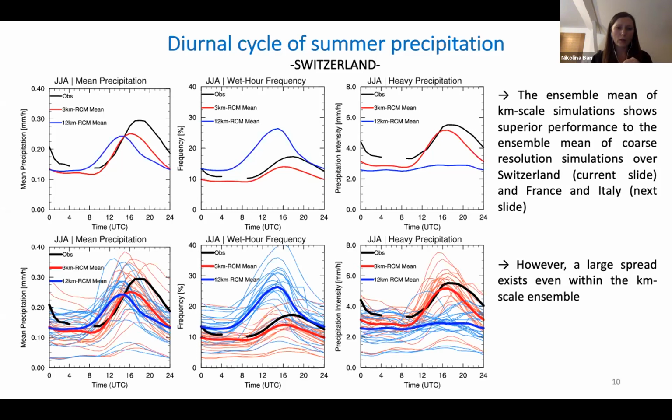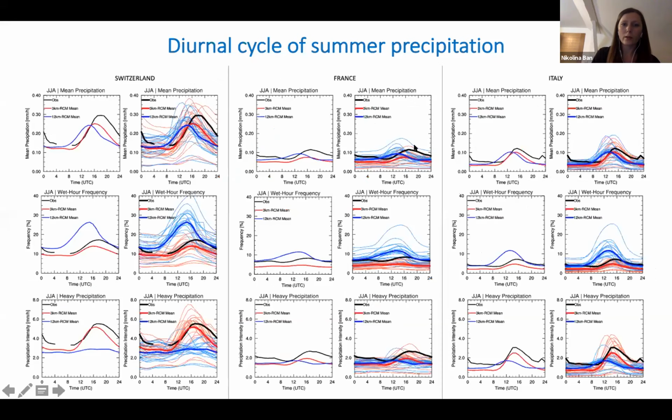So for the 12-kilometer model, these thin blue lines tend to group around this thicker blue line, and the same for the higher resolution model. So it's not that they produce something completely different. So this is the area of Switzerland.